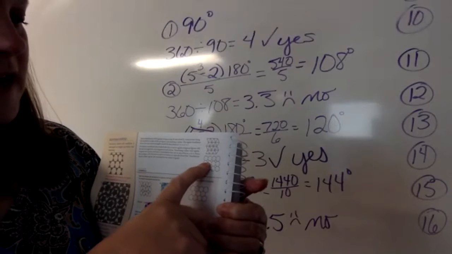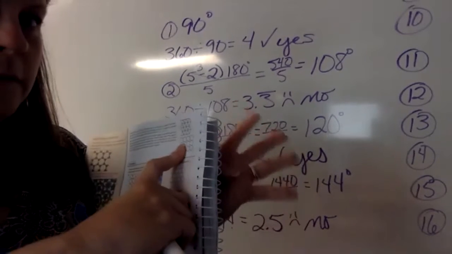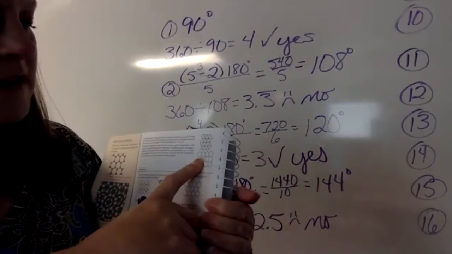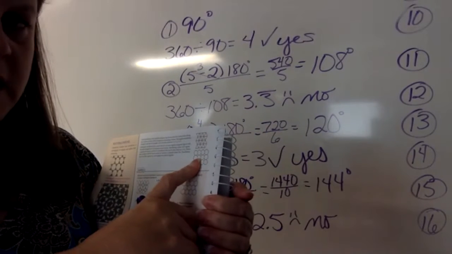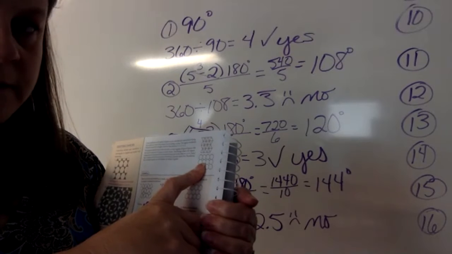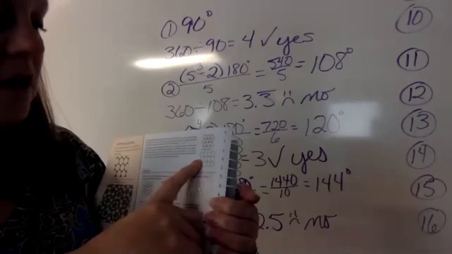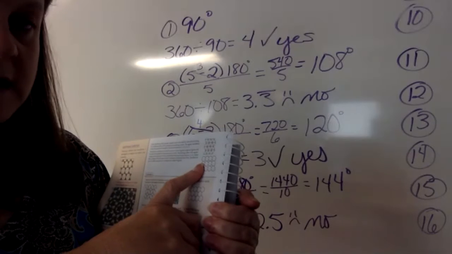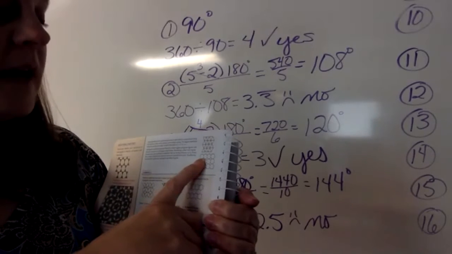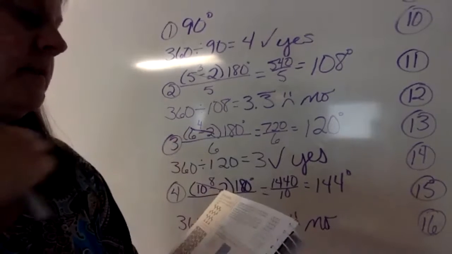So how many sides does the square have that's going into that vertex? 4. How many sides does the octagon on the bottom right of that vertex have? 8. And then the octagon on the other side of that vertex is 8. So that's where they got 4, 8, 8. That's how we do the numbering system.